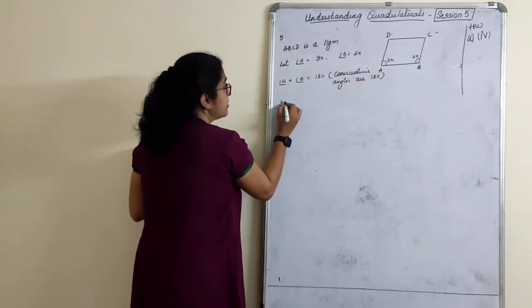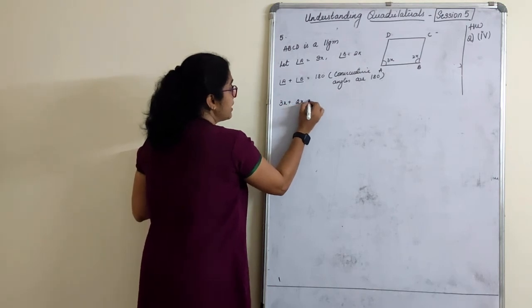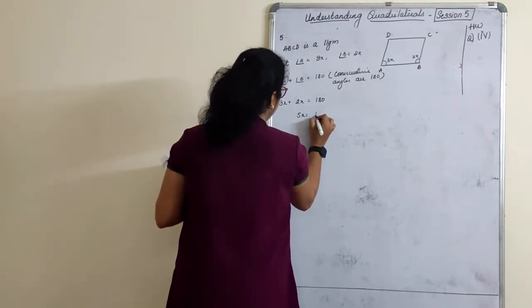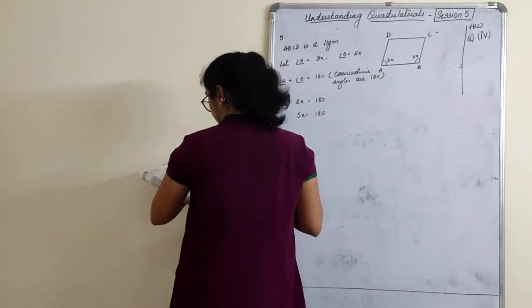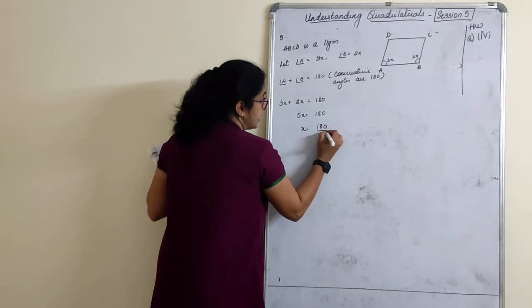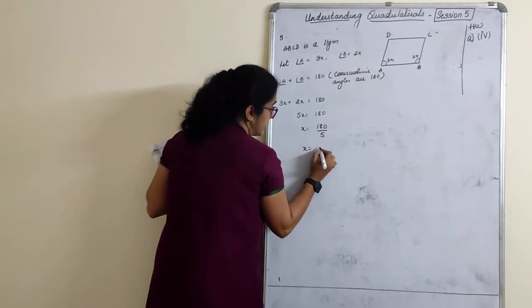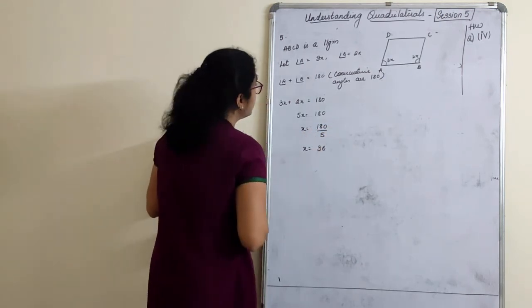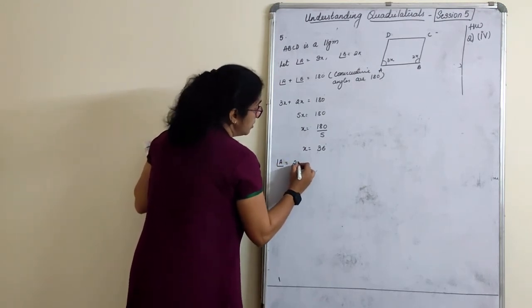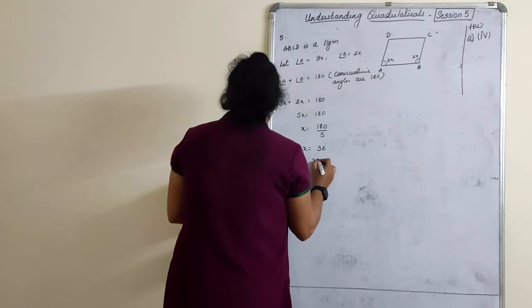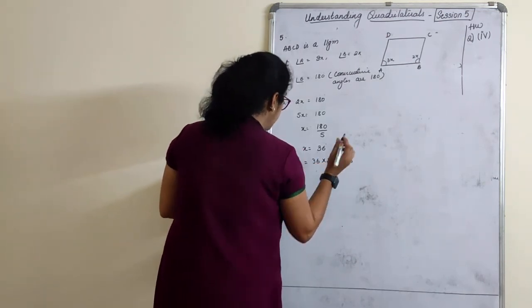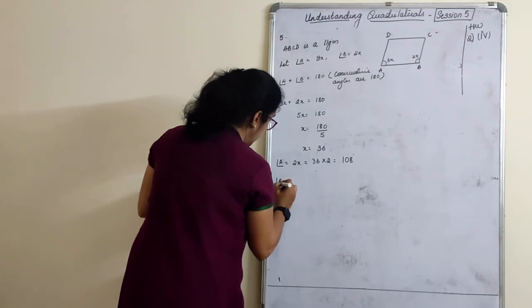So 3x plus 2x is equal to 180. 5x is equal to 180, and x is equal to 180 divided by 5, x is equal to 36 degrees.